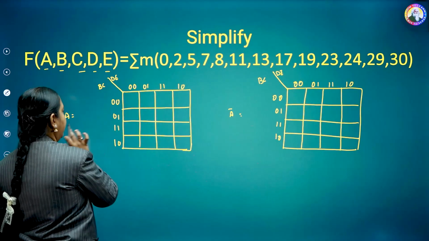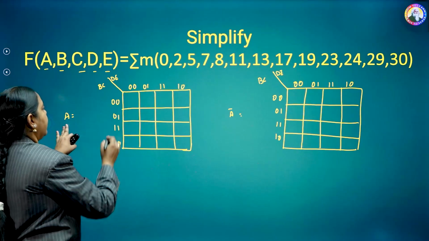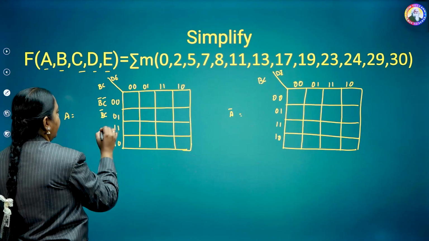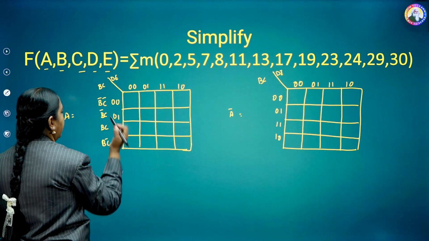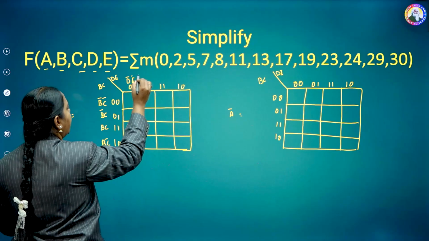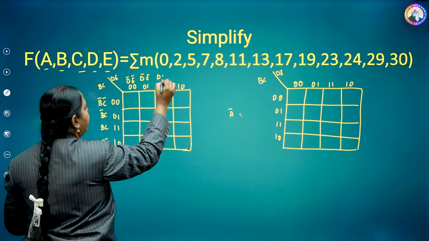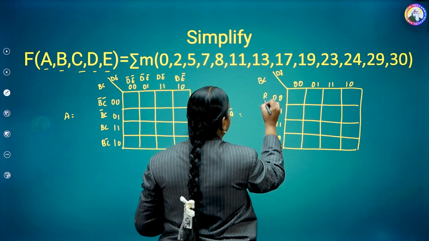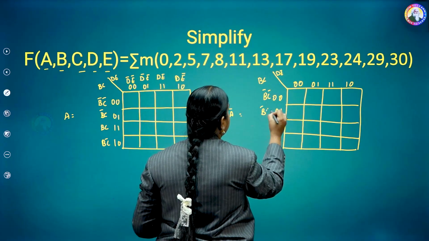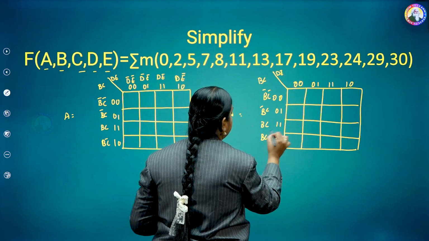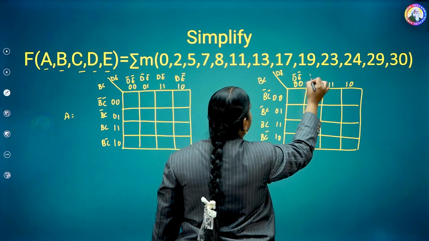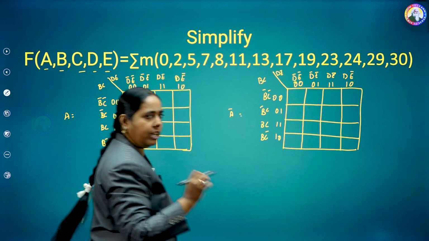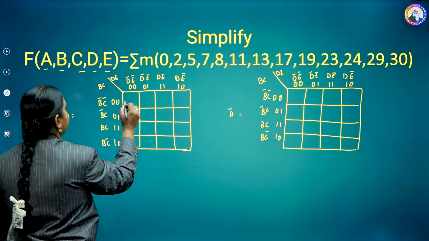Each cell can be written as B bar C bar, B bar C, B C, B C bar, and D bar E bar, D bar E, D E, D E bar. Here also the same thing: B bar C bar, B bar C, B C, B C bar, D bar E bar, D bar E, D E, D E bar. So here each cell can be written like this.